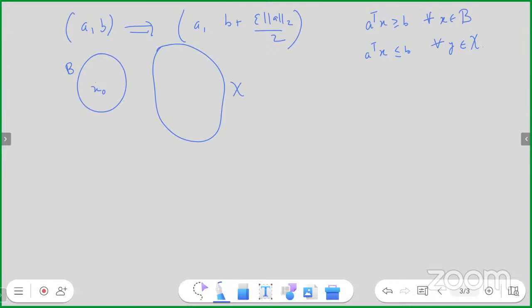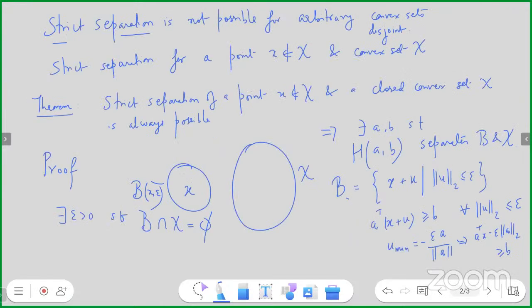I don't need it for every point on the body. That I will not be able to do. So only for x0, what is true? If you evaluate this new hyperplane at the point x0, that is a minimum distance, like we defined over there. So now I'm only evaluating at what point? The worst possible point, it was b. So moving away, it's definitely positive. Is this clear?